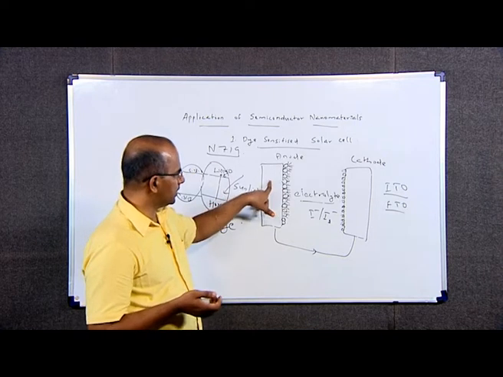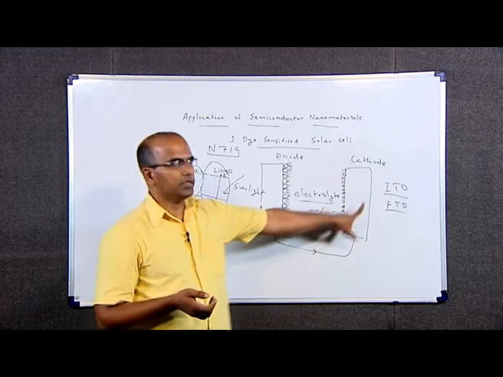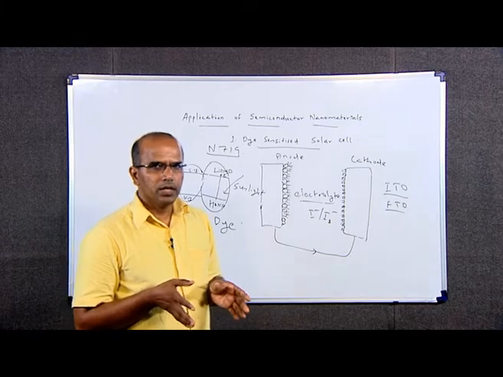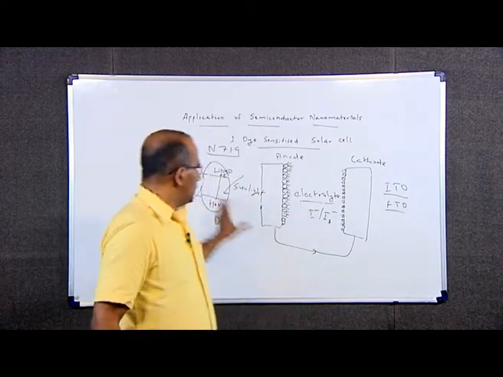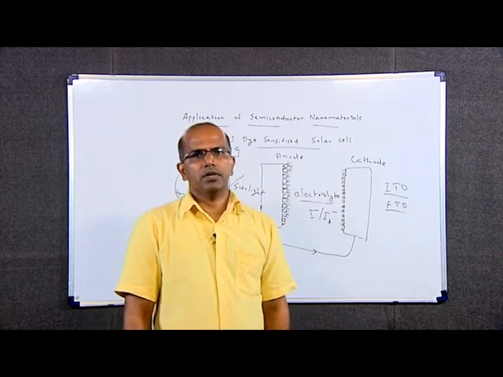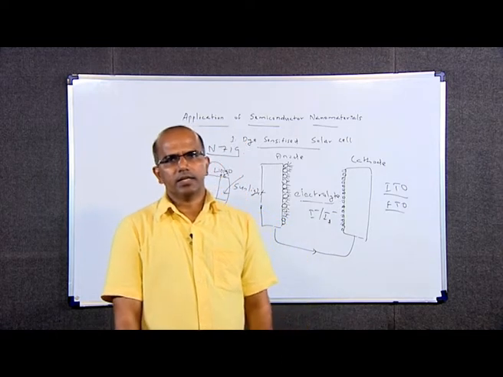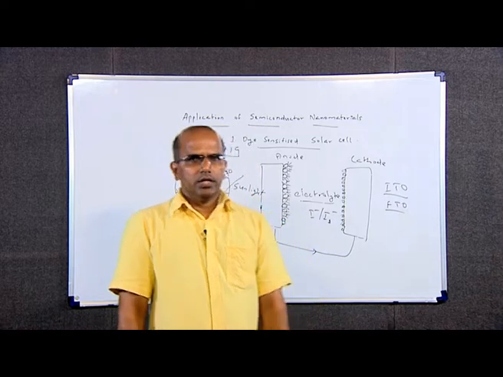From the semiconducting oxide, it should go to the ITO plate and then to the anode. All these processes happen in a very short time, 10 raised to minus 15 second. So, the third condition is that the excited state level of the dye should be higher in energy than the conduction band edge of the TiO2.